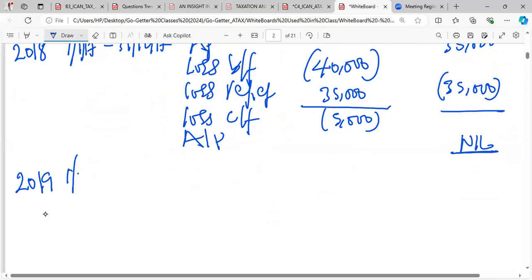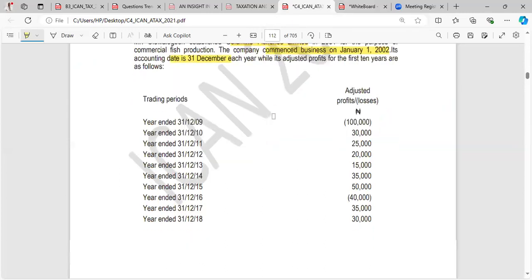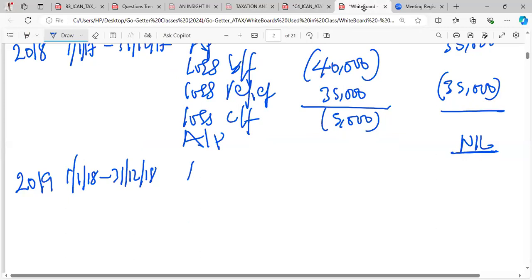So that should be January 1, 2018 to 31st December 2018. And we are given 30,000 as our accessible profit.